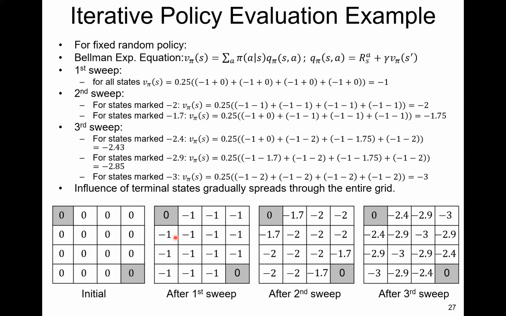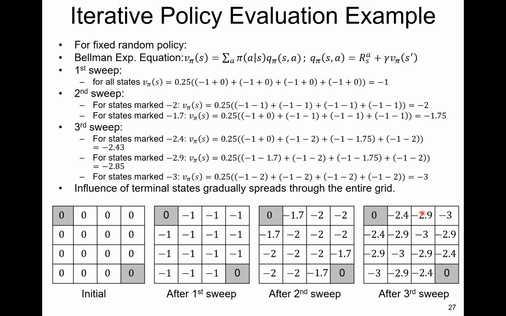So initially, it only affects the neighbor states, so 0.1, minus 1.7, and gradually it spreads to affect more and more states. And after many iterations, it will converge.